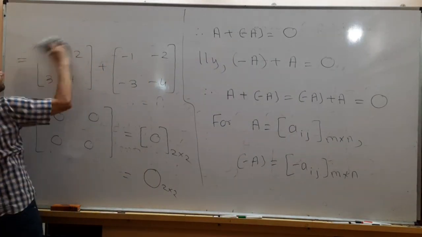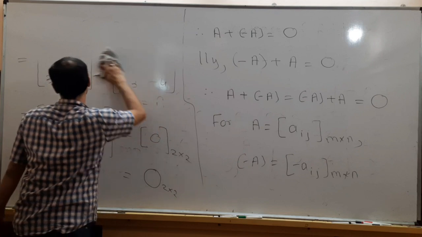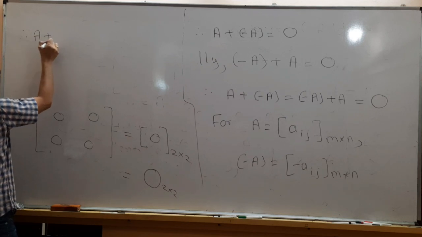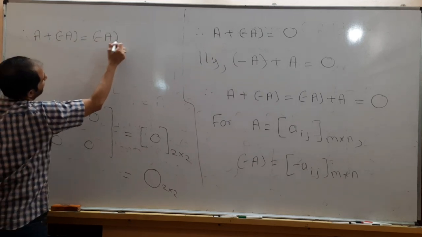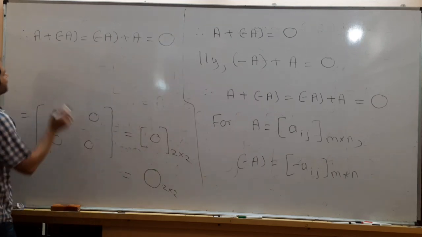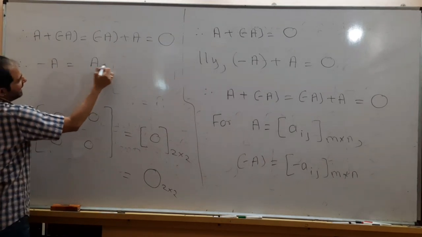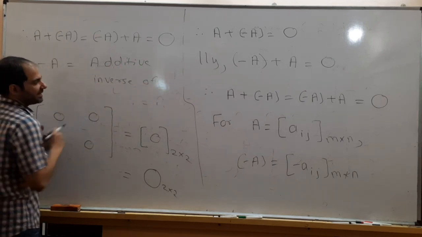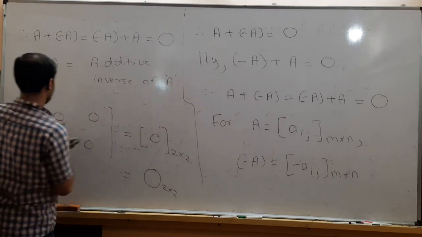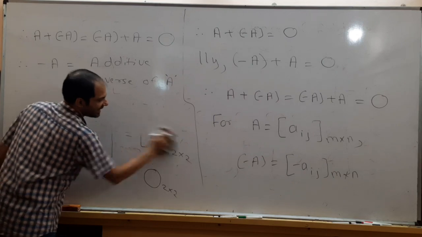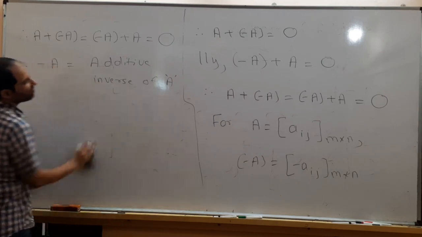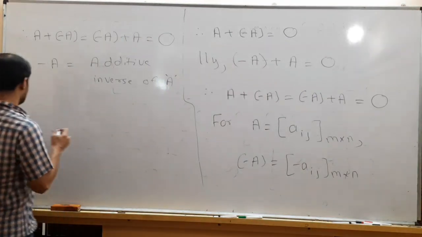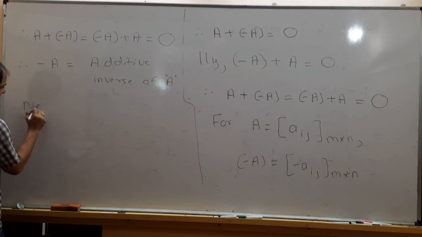Therefore, A plus minus A will be equal to minus A plus A, and that will be equal to O. So minus A is equal to the additive inverse of A. So that is the existence of additive inverse. This is the fourth property of matrix addition.